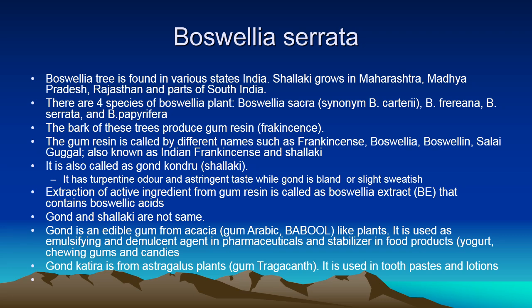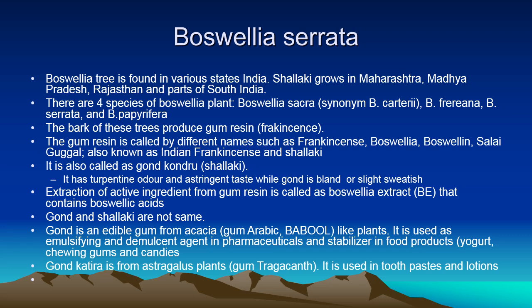Extraction of active ingredient from gum resin is called Boswellia extract, and that contains important active molecules called boswellic acids, which are 4 or 5 types. Please remember, Gond and Shallaki are not the same.